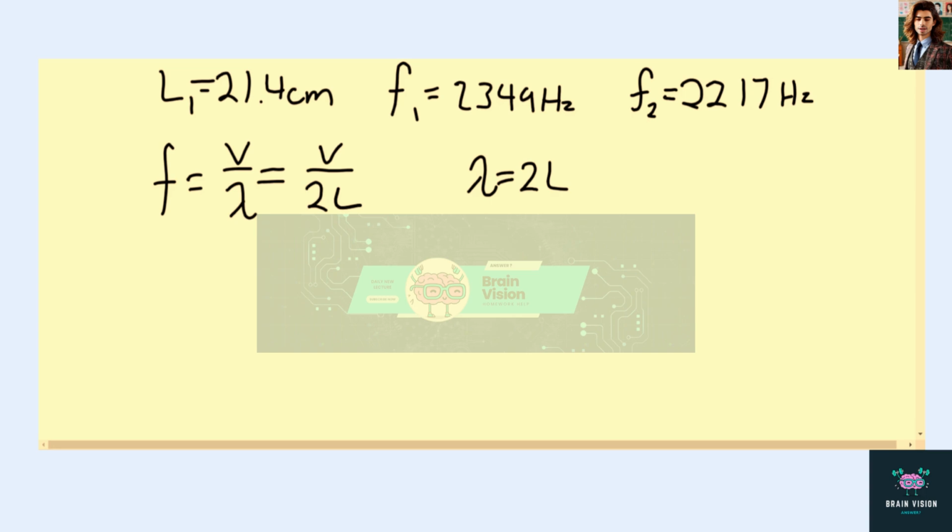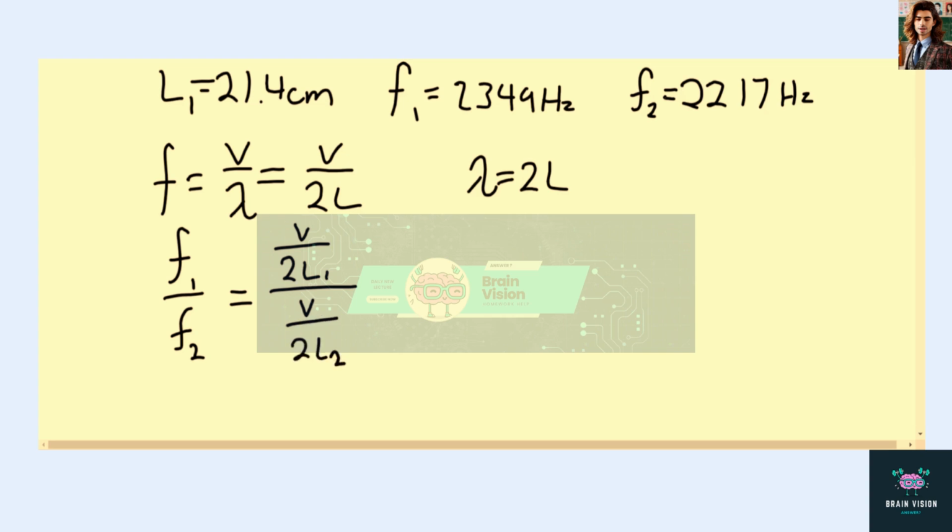And then we can set up a ratio. So we can put F1 over F2. And that would mean that V divided by 2L1 would be over V divided by 2L2.